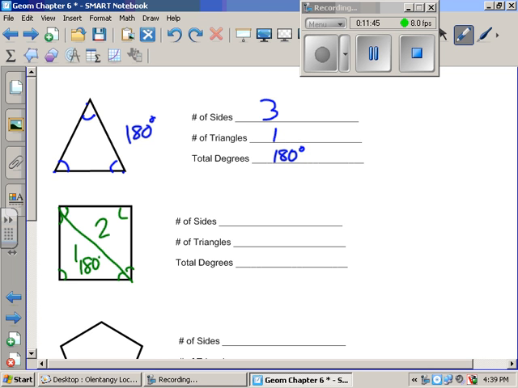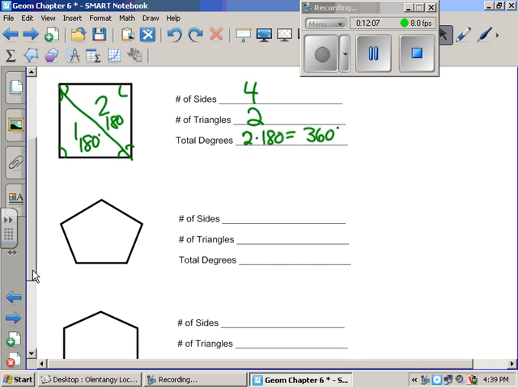So this set of angles is 180 degrees. This set of angles is 180 degrees. So in a 4-sided figure, I can make 2 triangles, and the total number of degrees would be 2 times 180, or 360. Okay? Let's do a pentagon.